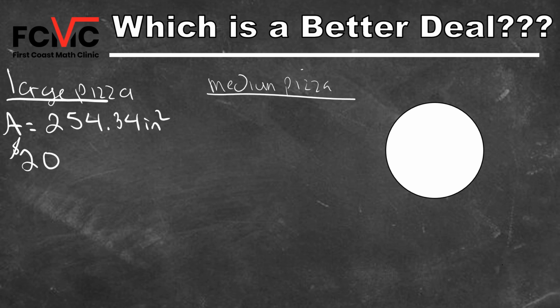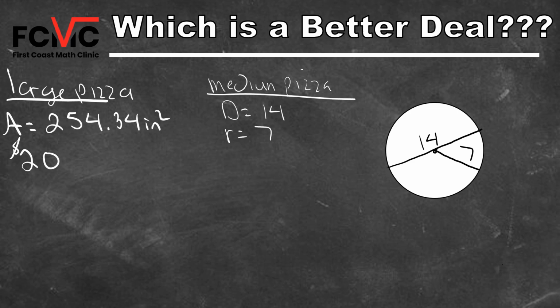So we know the medium pizza has a diameter of 14 inches, so the radius is 7. So let's illustrate that. So if we draw that in, our diameter is 14, and our radius is 7.